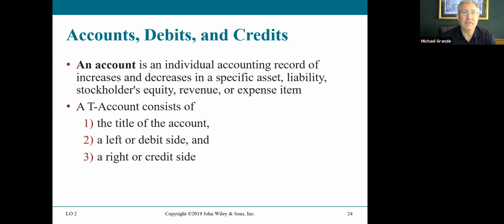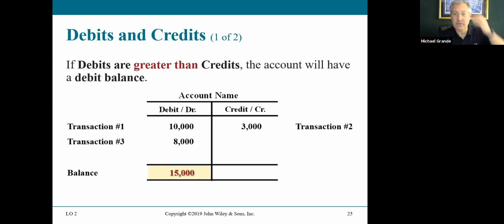A T account consists of a title of the account, cash, equipment, inventory. A left or debit side, the left side of the T account is always the debit. A right or credit side, the right side is always the credit. This is what the T account looks like.